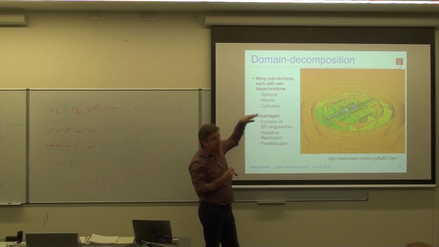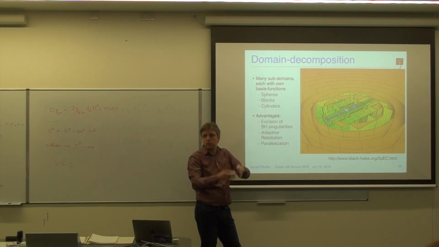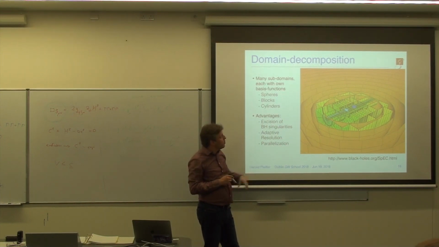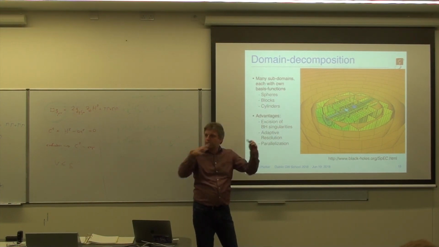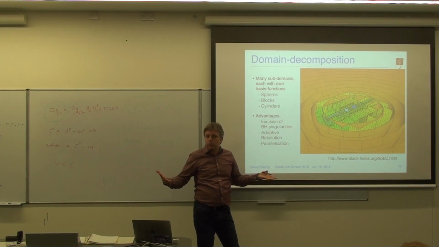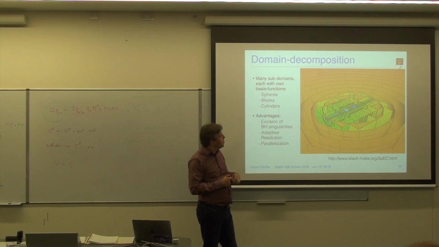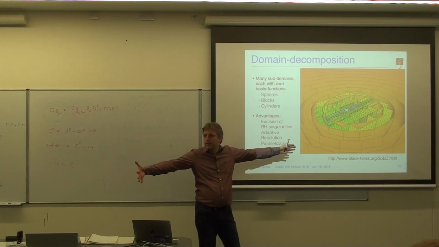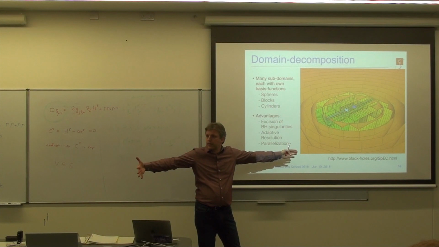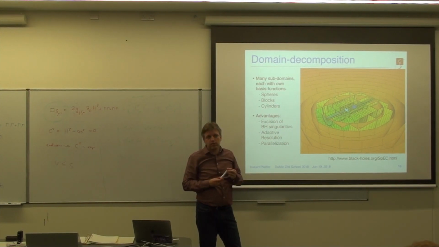They have high radial resolution because you need to resolve the outgoing waves. But all these shells have the same low angular resolution because the gravitational waves are dominated by L equal 2, and even L equal 8 is already a lot smaller in amplitude than the L equal 2 modes. So we can move the outer boundary further away with a cost that is linear in the location of the outer boundary, and not cubic as it would be for finite difference Cartesian codes.